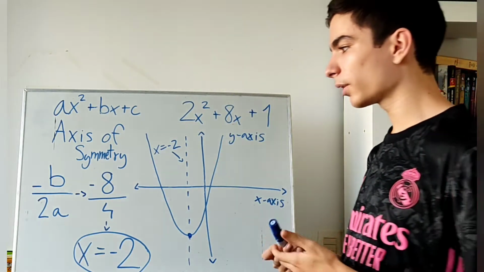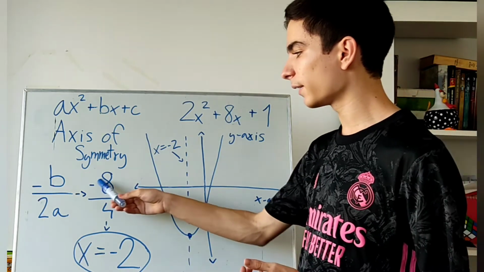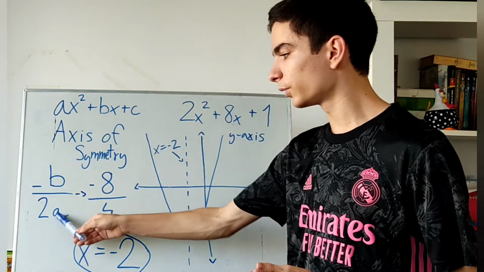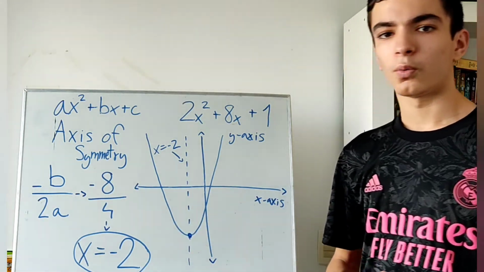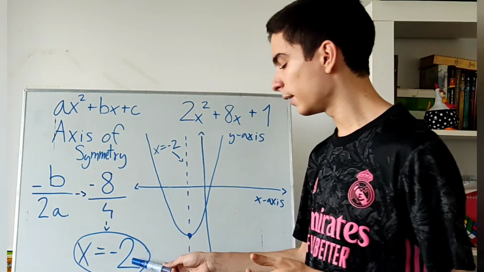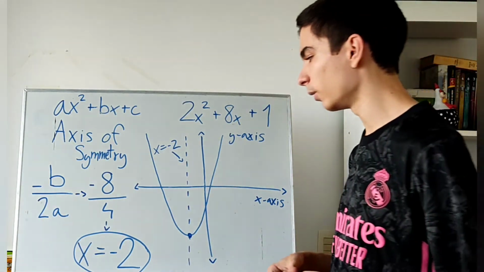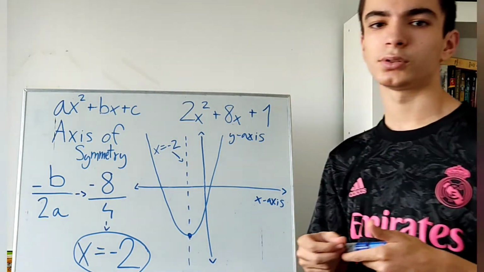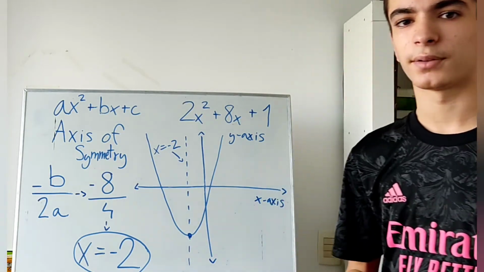So if we plug that in the formula, we would have negative 8 over 2 times a, so 2 times 2, so negative 8 over 4, which is going to give us negative 2, so x equals negative 2. Now, it is very important to understand that the axis of symmetry is a line, not just a value.